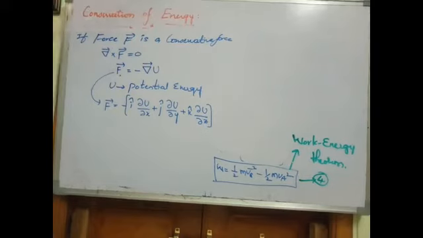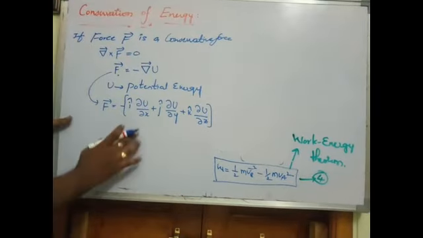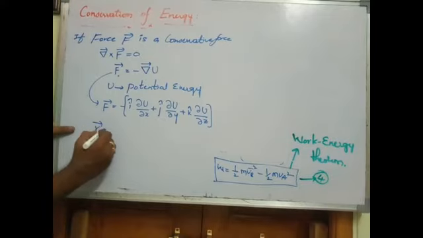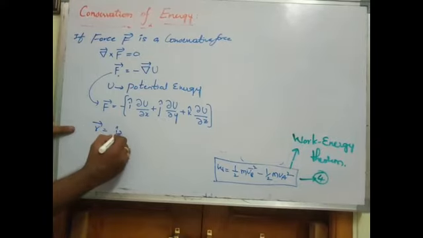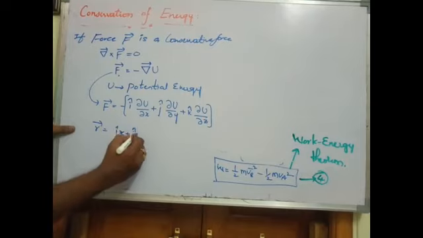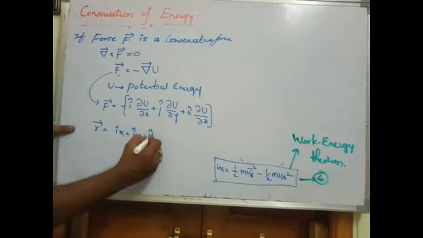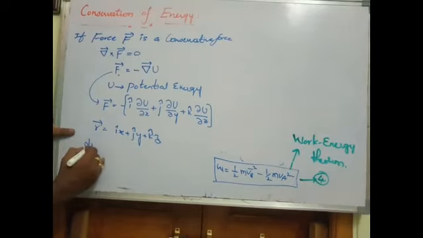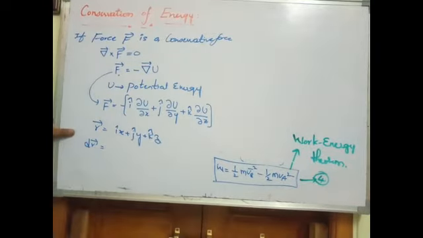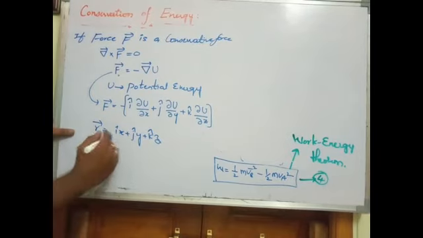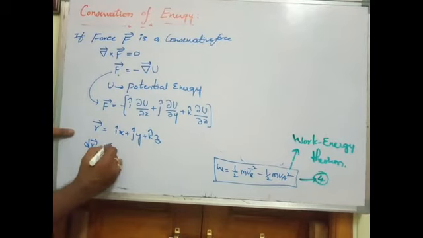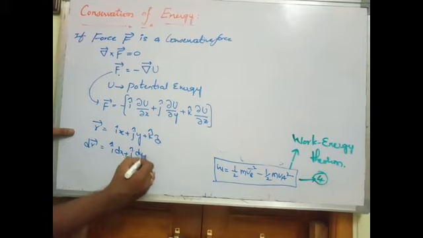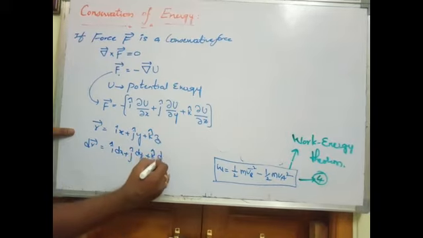And the next thing is the position vector. How can we write the position vector? r bar is equal to i cap x plus j cap y plus k cap z. And similarly, d r bar equals i cap dx plus j cap dy plus k cap dz.